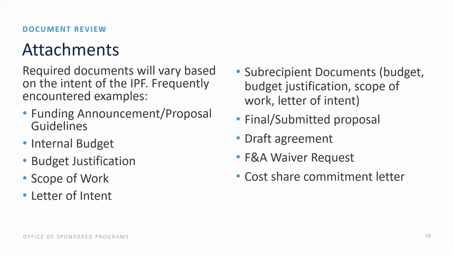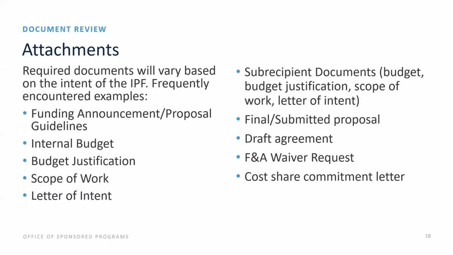So just be mindful of that. But in general, we always want to see a copy of that funding announcement and proposal guidelines, because we really use that as our checklist for what's required in that proposal submission. So it's the first thing we're going to look at, and it should be the first thing that you're looking at when you're trying to build that proposal and make sure that we've got everything we need.